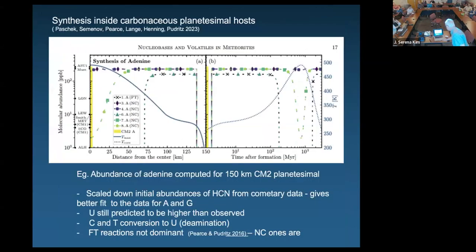Put all these together and calculate this at the temperature regimes and densities that you set in the planetesimals. In our first paper with Ben, we tried this, assuming that the abundances of hydrogen cyanide in these molecules were cometary abundances, the only data we had, would be a good starting point for your initial abundances of these simple molecules.